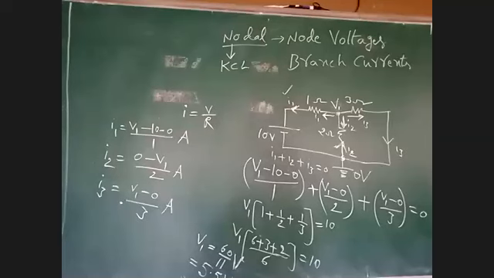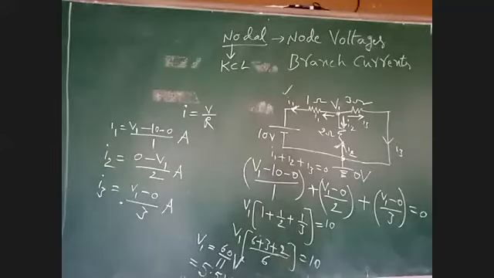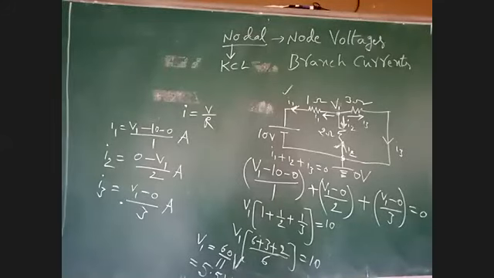Sir, how do we get the actual direction of the current? It is already given in the problem, mentioned in the problem only. Initially I have not mentioned it there. Afterwards I have kept I1, I2, I3. Actually I had to give it, but I had not given it.